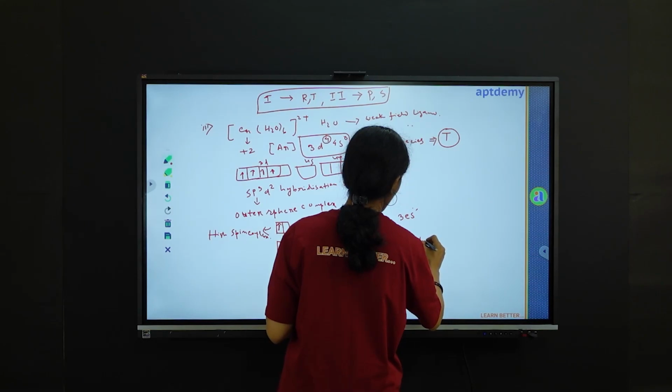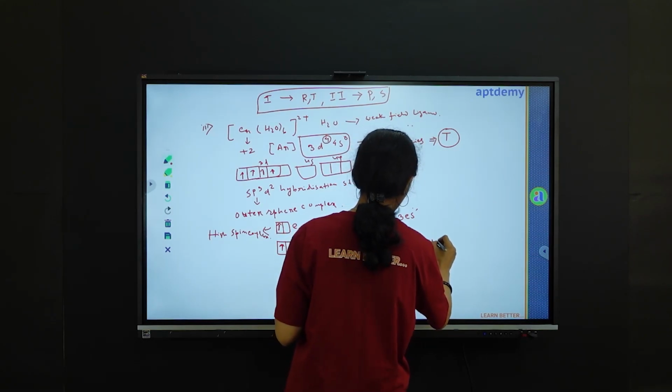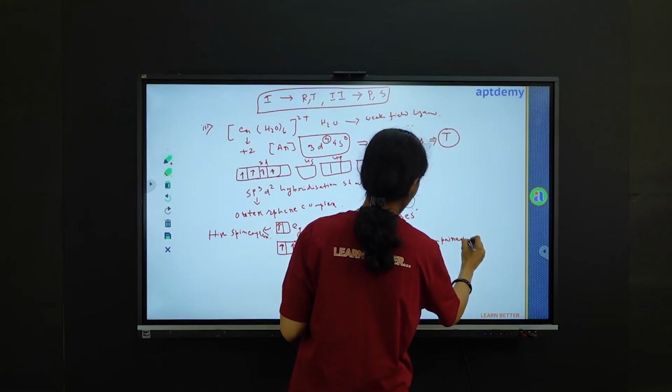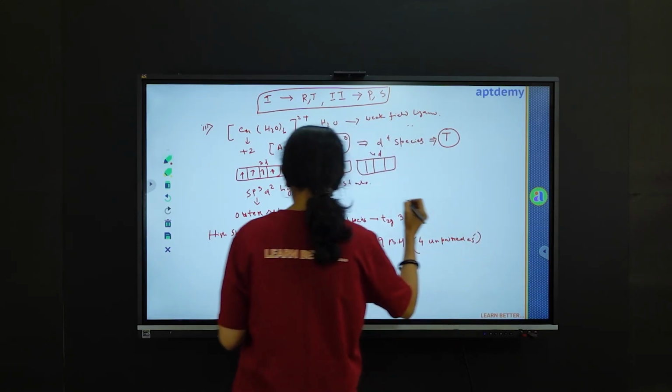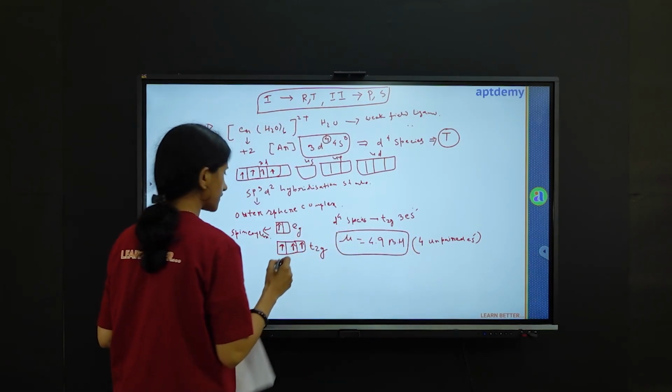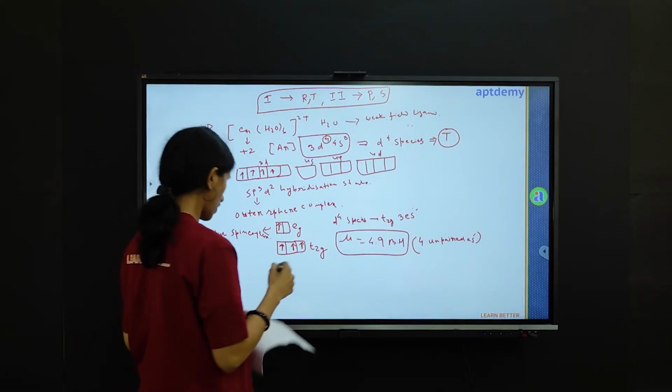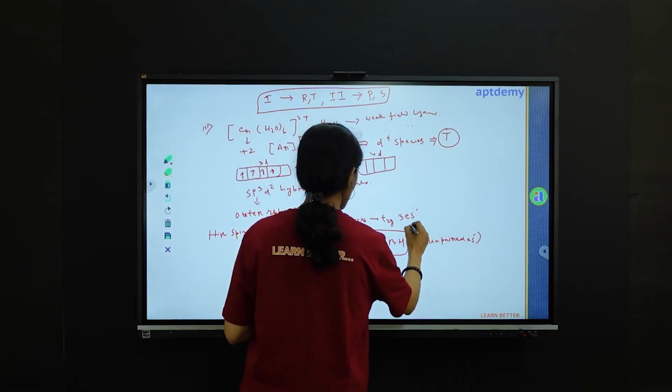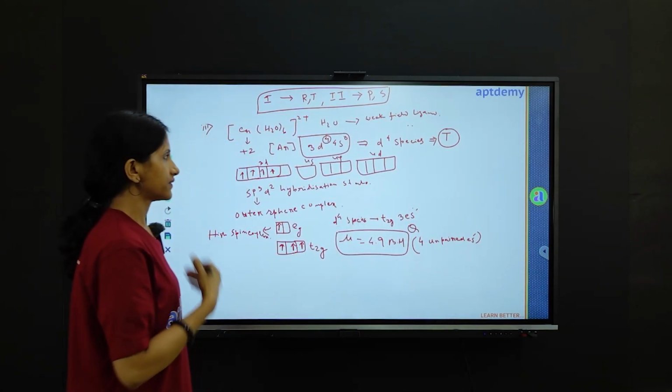This is because there are 4 unpaired electrons, right? So this property is similar to what is given in option Q in the list.